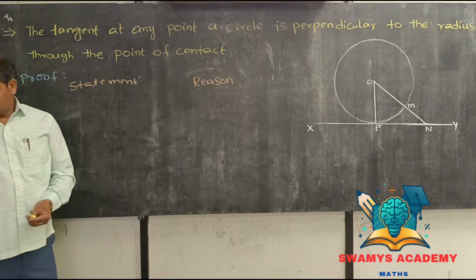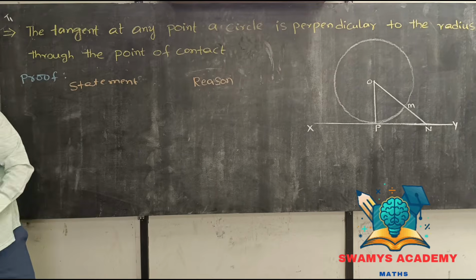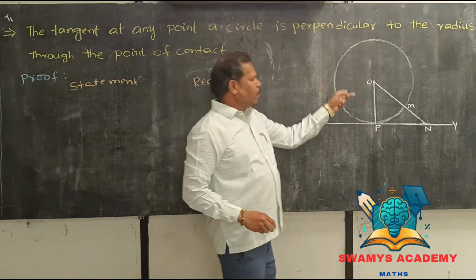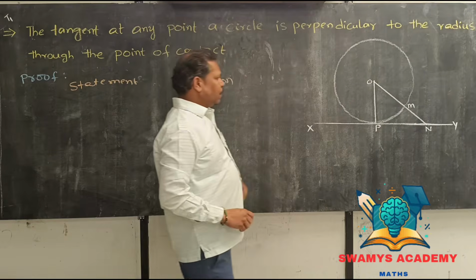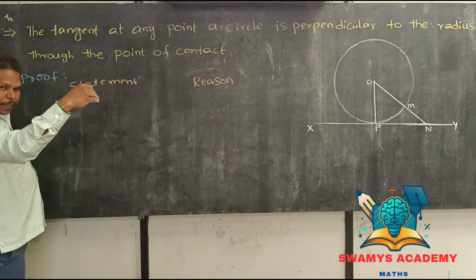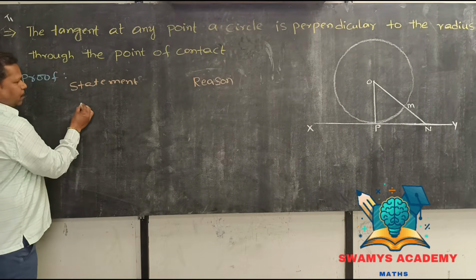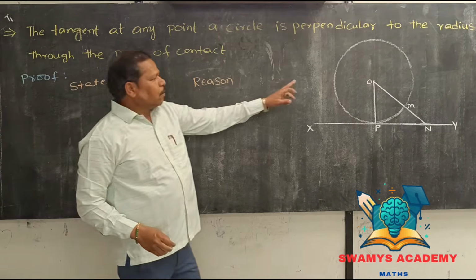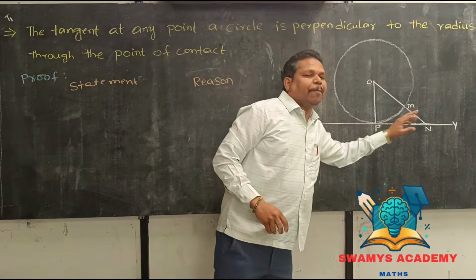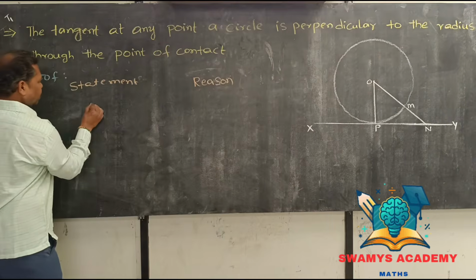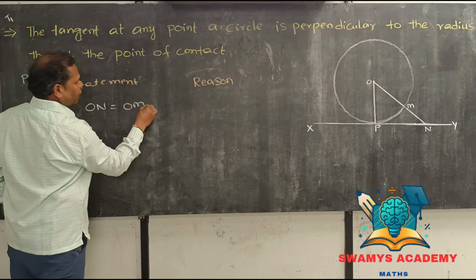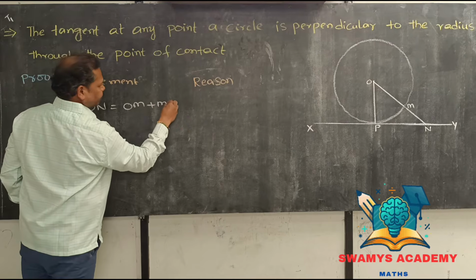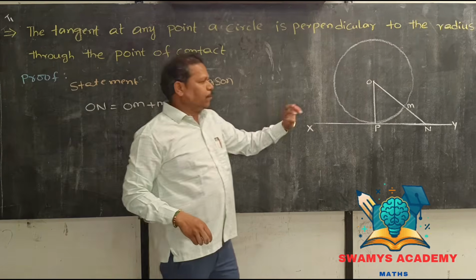As we know, radii are equal in a circle, so OP equals OM. And in ON, there are two parts, that is OM as well as MN. So we can write ON equals OM plus MN.